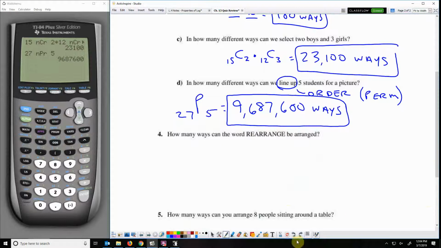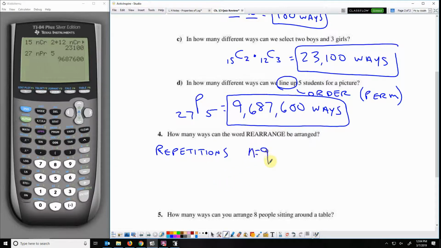How many ways can the word rearrange be arranged? Okay, so there are repetitions in this word. So the word has 9 letters.